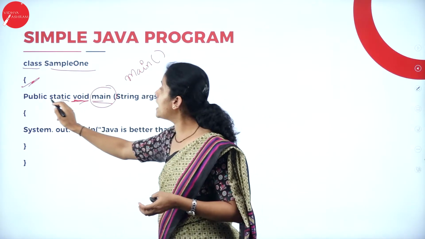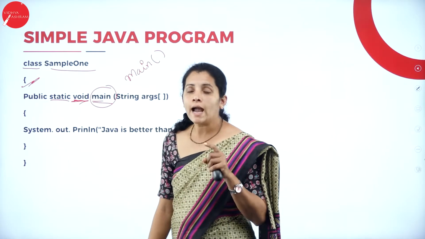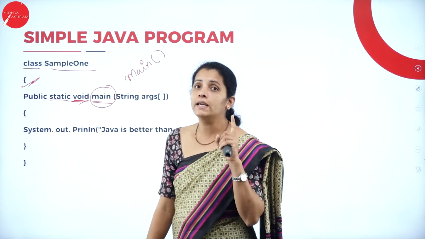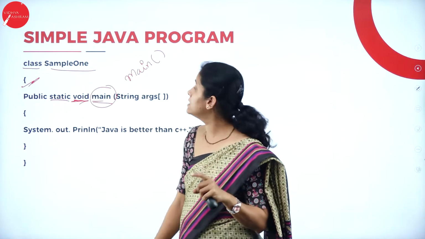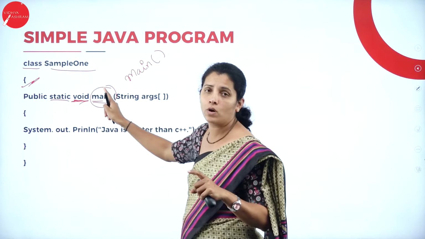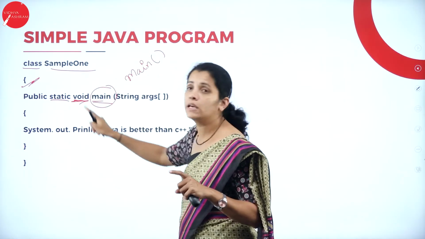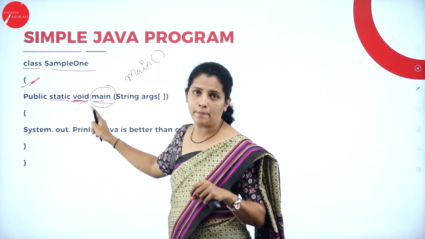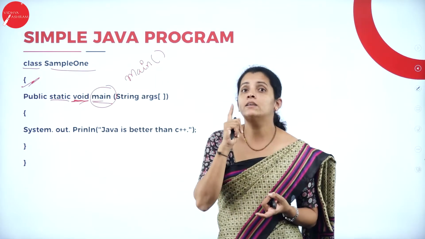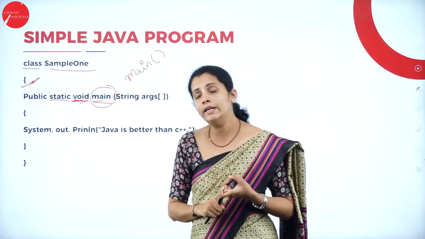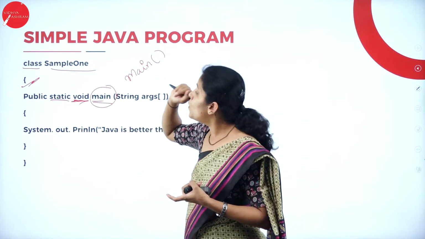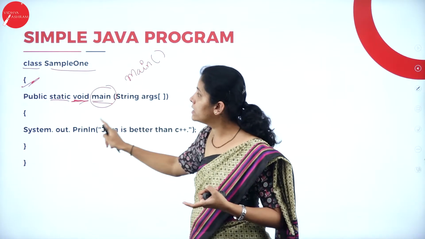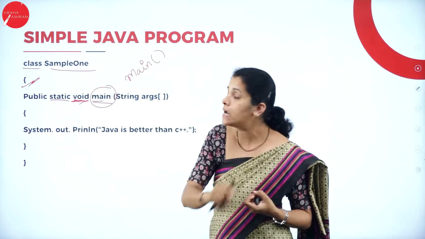Then what is static? Here static is used to indicate that there is only one main program for the entire class or for the entire program. So what is the entire class name?